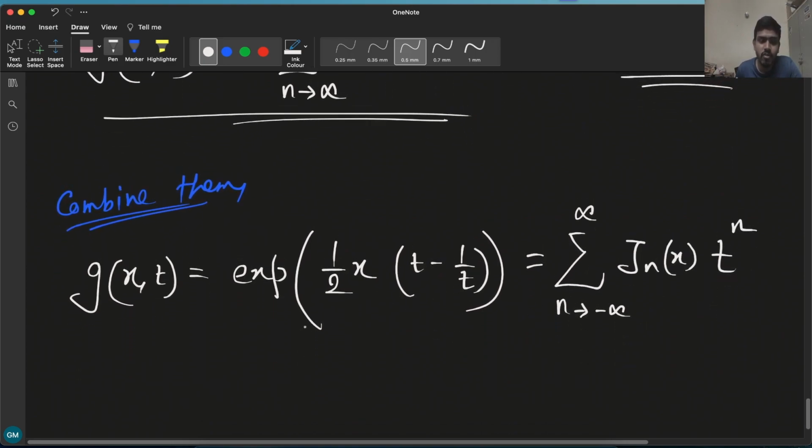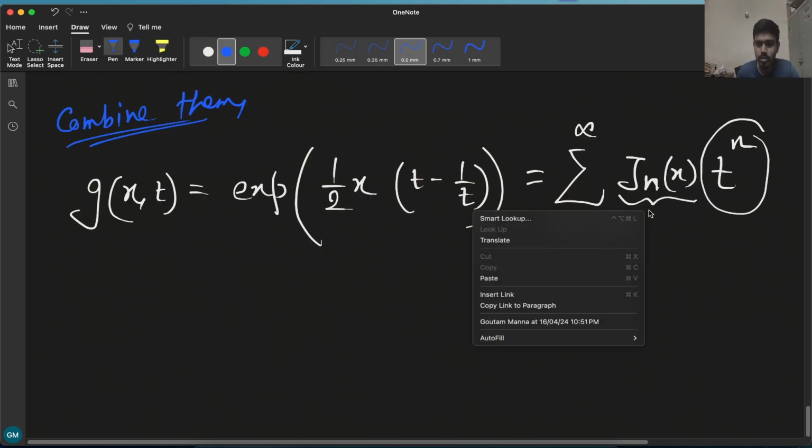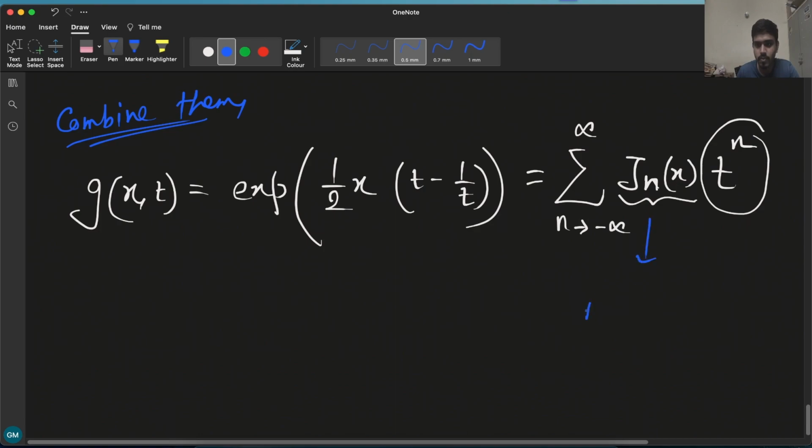So this is a generating function which generates the Bessel functions for integer values of n, as the coefficient of the power series in t to the power n. So these are the Bessel functions.